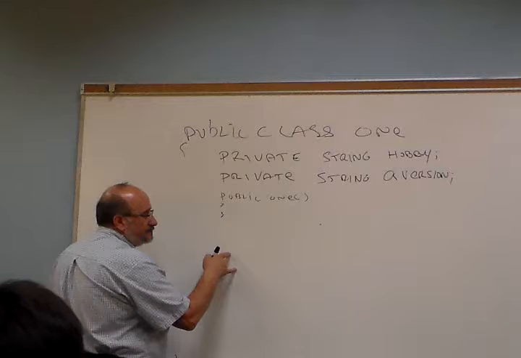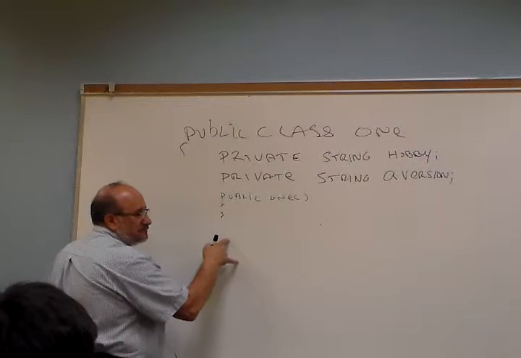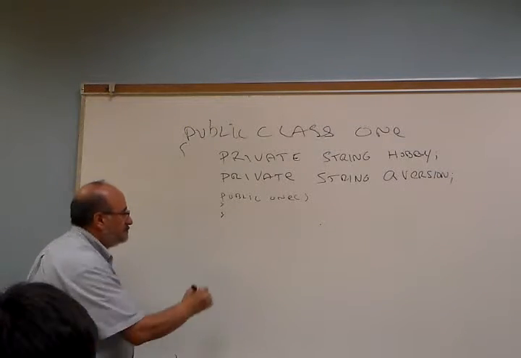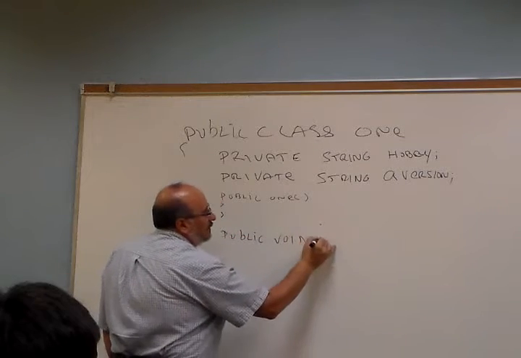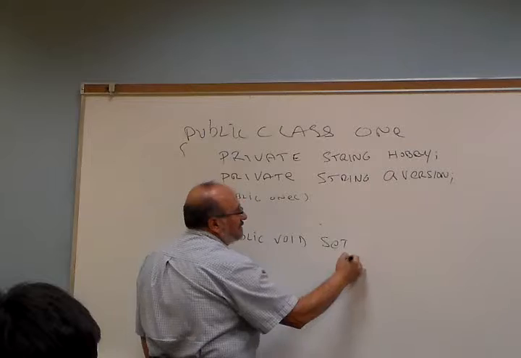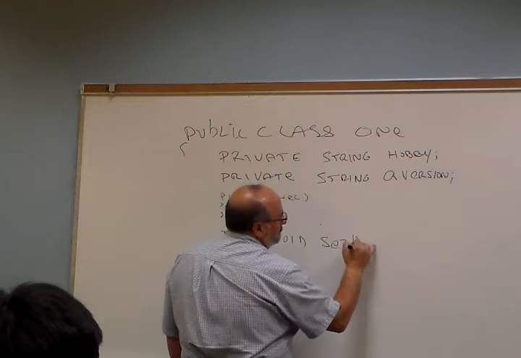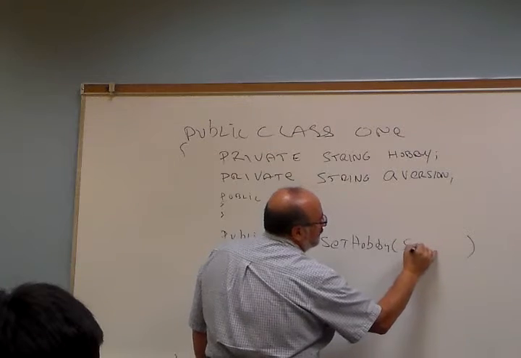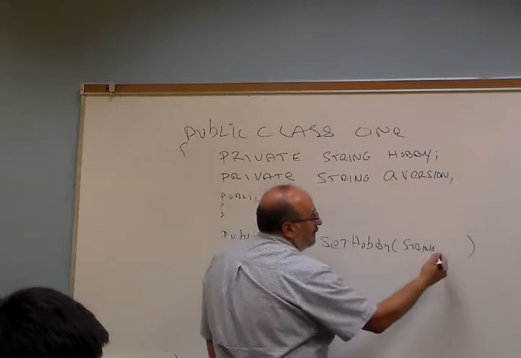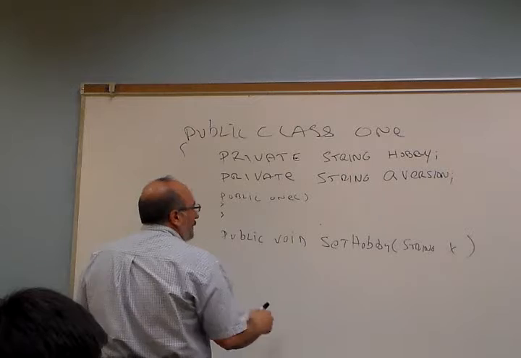All right, so how do we do a setter? Public void, then you put set, let's say hobby, right? And then obviously you're accepting the string here, and let's just call it X, okay?